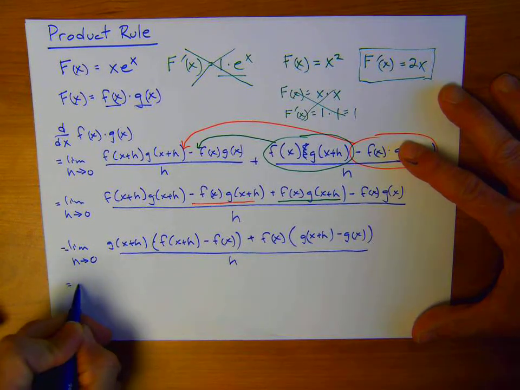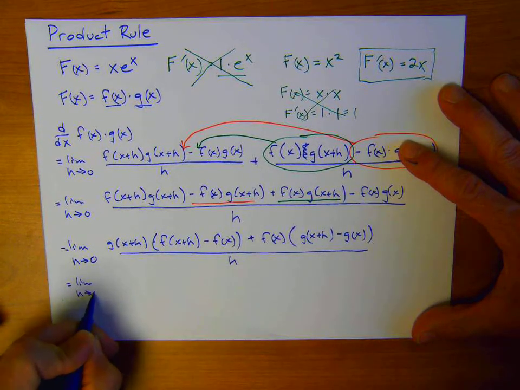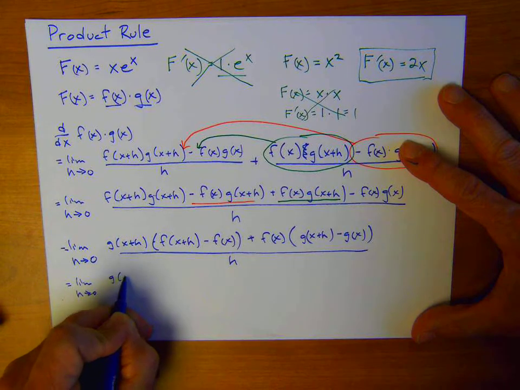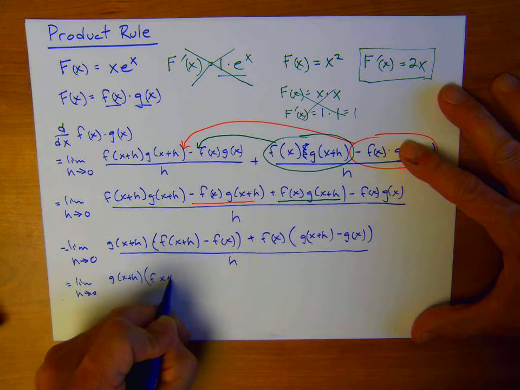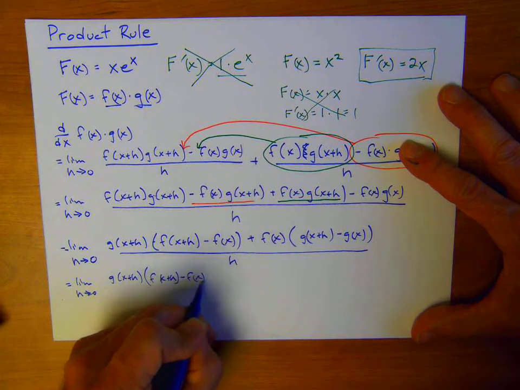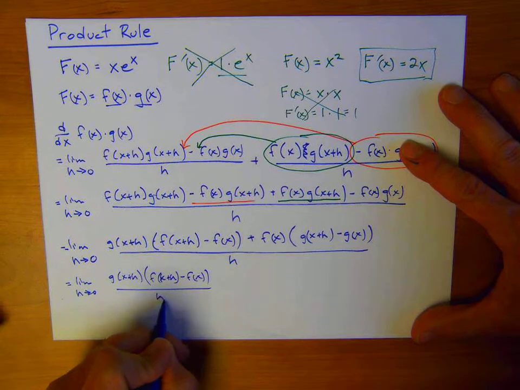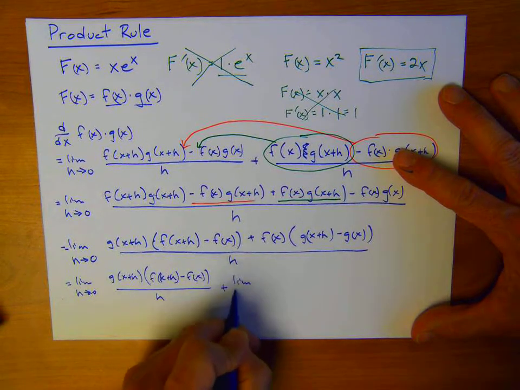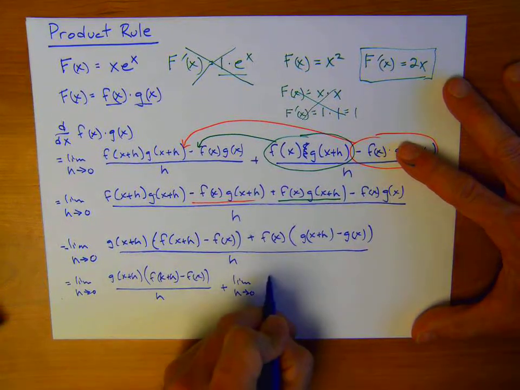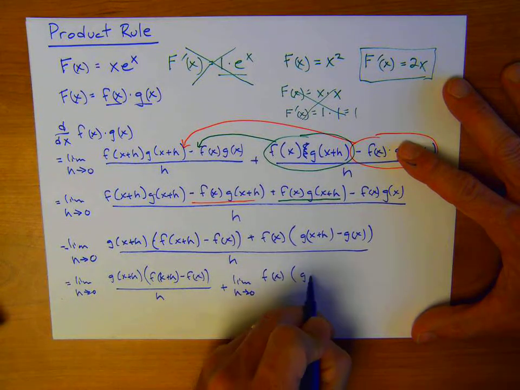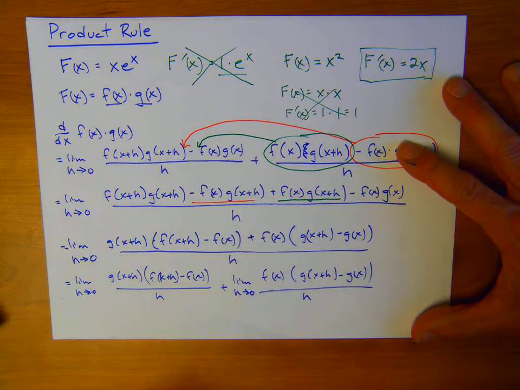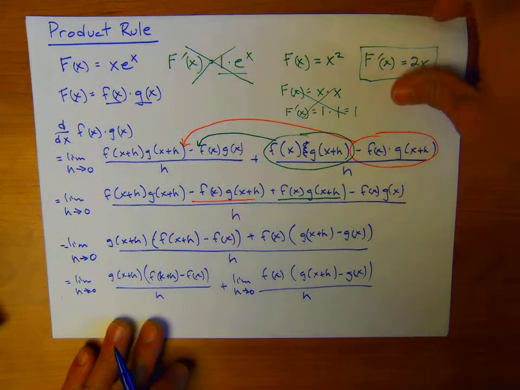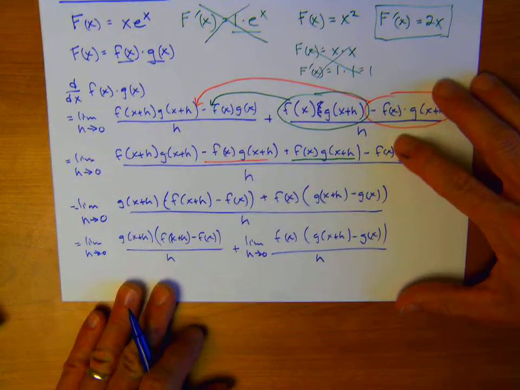So I'm going to rewrite this now as the limit as h goes to 0 of g of x plus h times f of x plus h minus f of x over h, plus the limit as h goes to 0 of this piece, f of x times g of x plus h minus g of x over h.